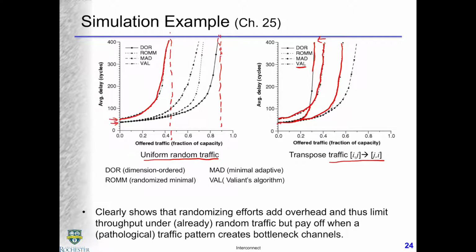It's better than both. And over here, it's also in a reasonably good location. It's slightly worse than dimension order routing, but in exchange, you get better behavior when it's an adversarial traffic pattern.